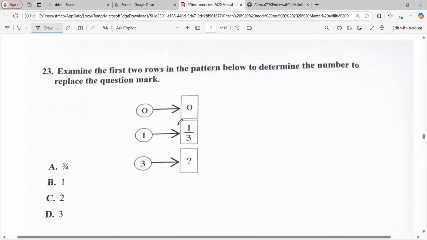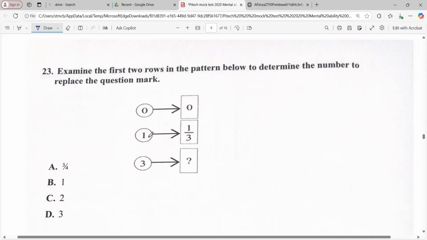It says examine the first two rows in the pattern below to determine the number to replace the question mark. So we have 0 ending up with 0, 1 ending up with 1 over 3. So now we have 3. What could be that pattern? So 0 and 0, could it be multiplying by 0?